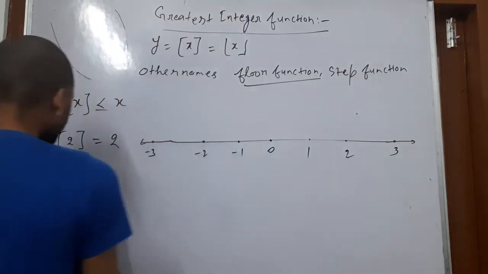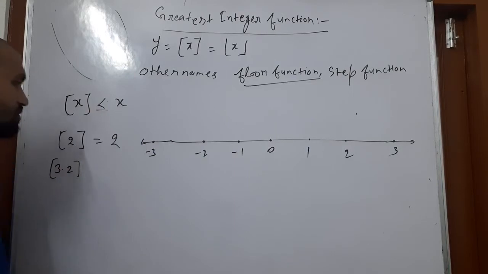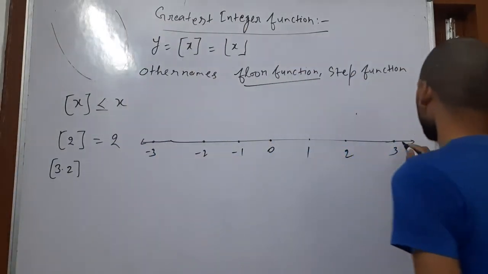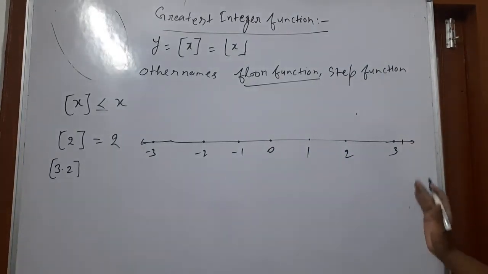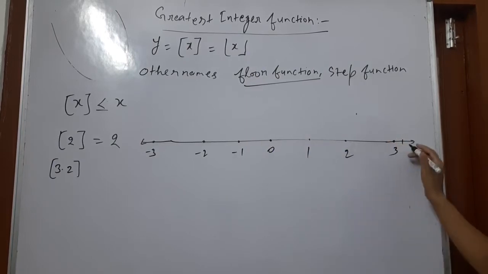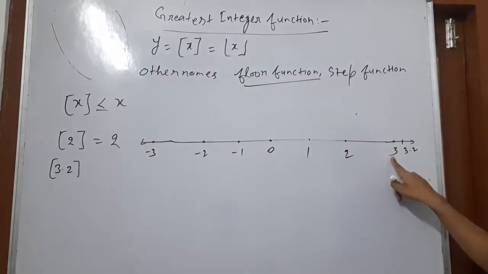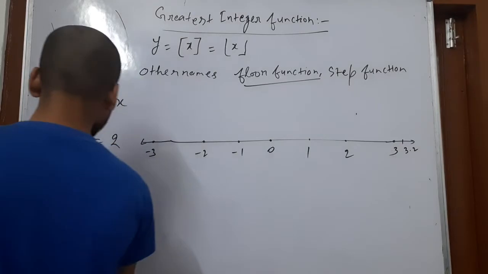So if we write the greatest integer of 3.2, 3.2 lies between 3 and 4, and for fraction values we write just the left integer value. On the left side of 3.2, the nearest integer is 3, so it will be 3.